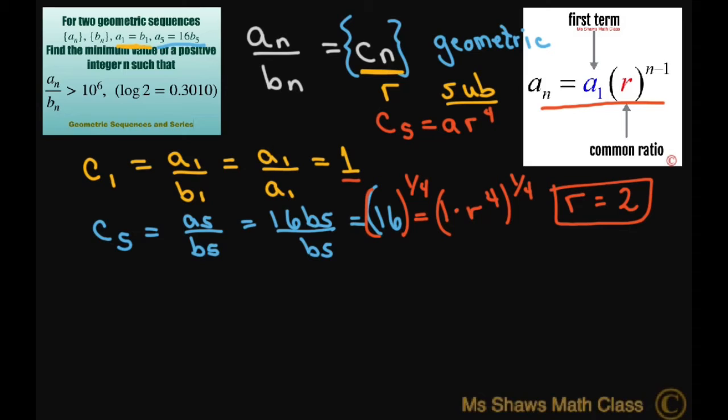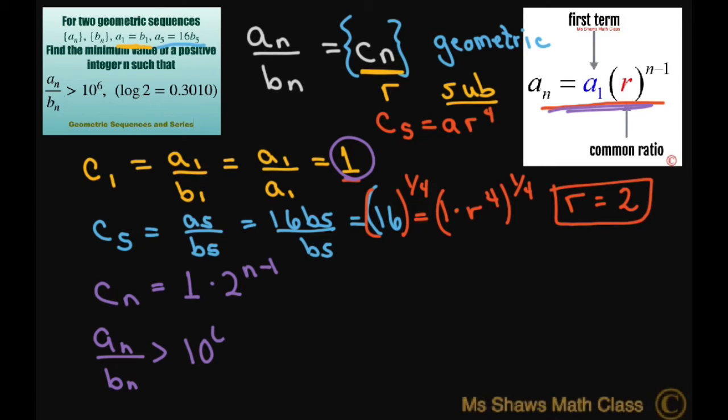Now that we have our common ratio and our first term, we can write our formula: c sub n equals 1 times 2 to the power of n minus 1, again using this formula. So now we know that a sub n divided by b sub n is greater than 10 to the power of 6.